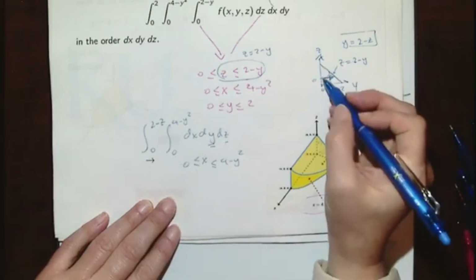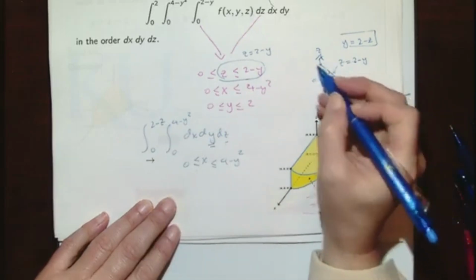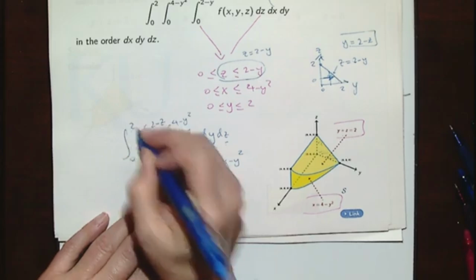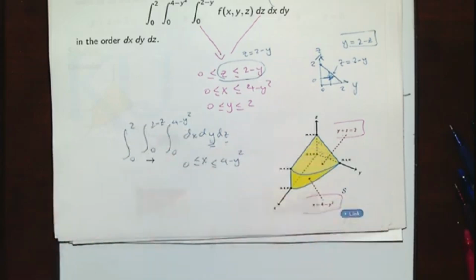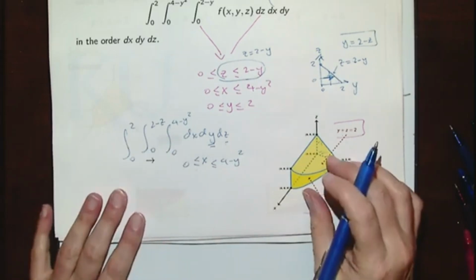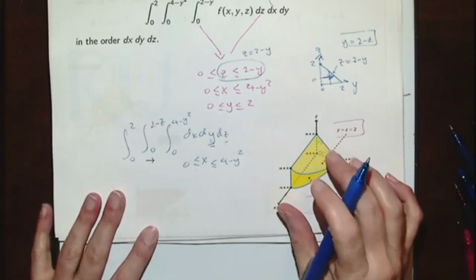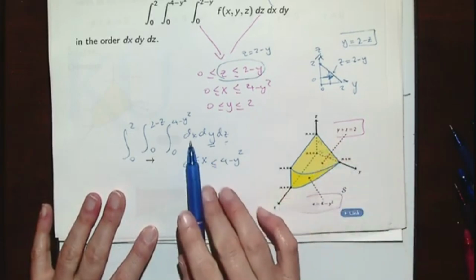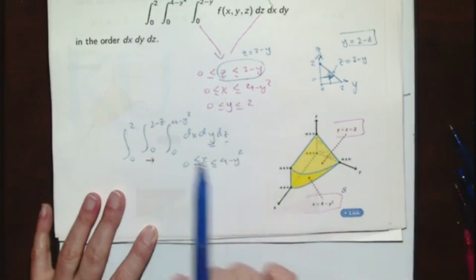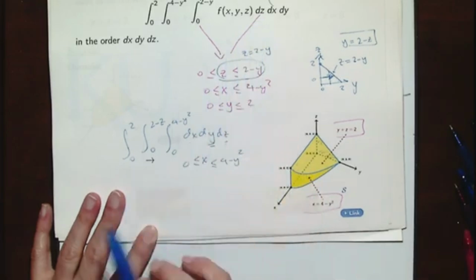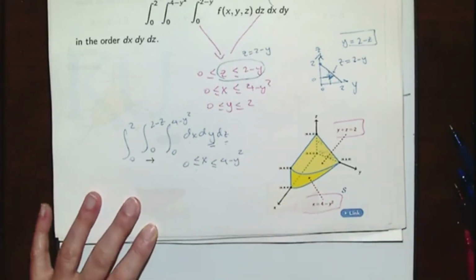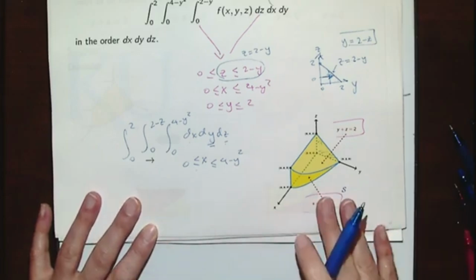And z goes from what to what? 0 to 2. And that's the setup. So for this one, because this region is both x simple and z simple, I could have done it by just the algebra of things or looking at the picture.